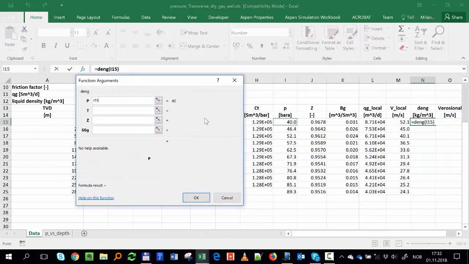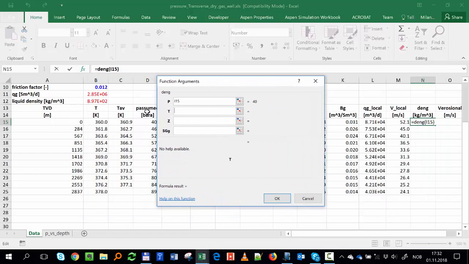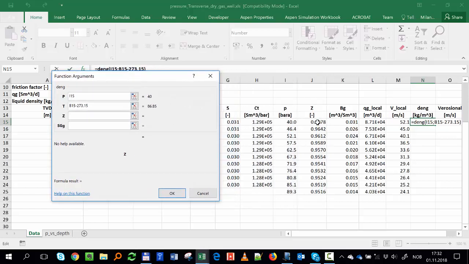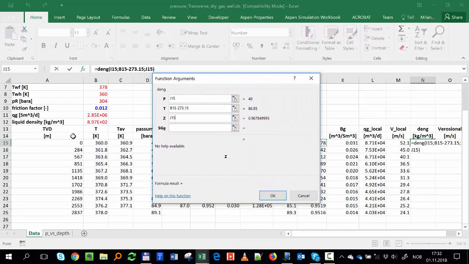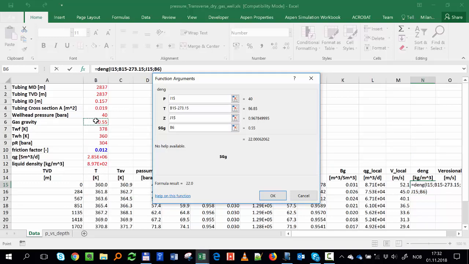The temperature is in column B and has to be in Celsius, so I have to subtract 273.15 to take it to Celsius. The deviation factor, I already have it calculated here. And then the specific gravity is up here someplace, and that one I have to block.